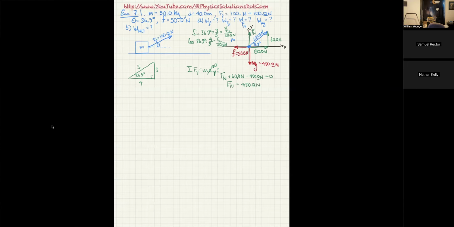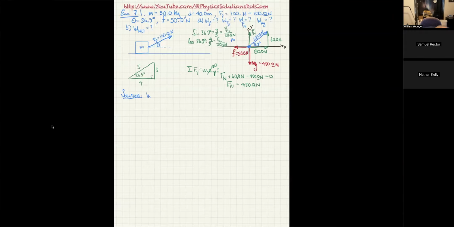I just pull the 490 to the right, that becomes positive 490, and then I pull the 60 to the right, that becomes negative 60. 490 minus 60 is 430. That's how I got that. Now I'm able to actually calculate the work done by each of those forces. So first off, let's go ahead and work the solution.